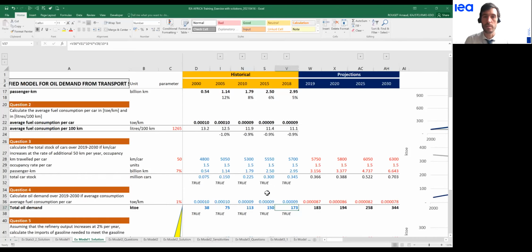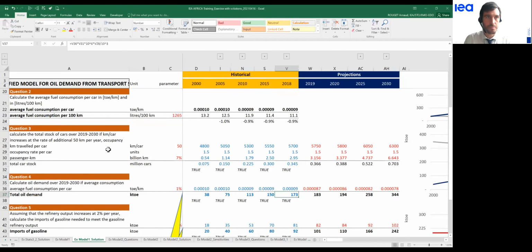Now what we can do is to see how we can supply this demand, how we can match this demand for energy. And in this exercise, we took the hypothesis that there were some refineries in the country, so there is an ability to produce gasoline for those transport needs.